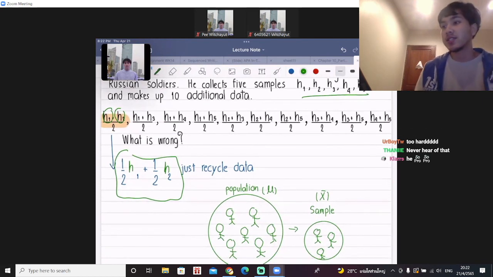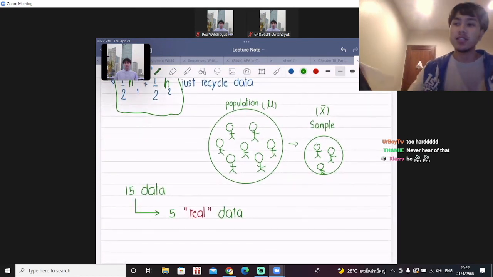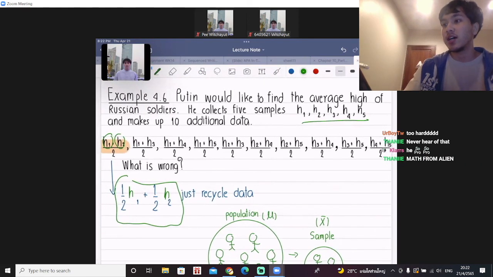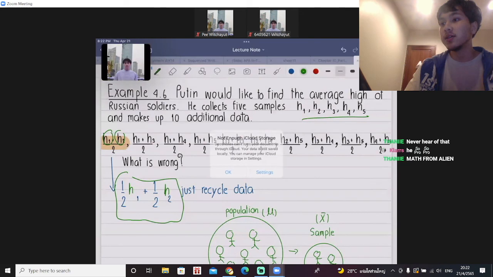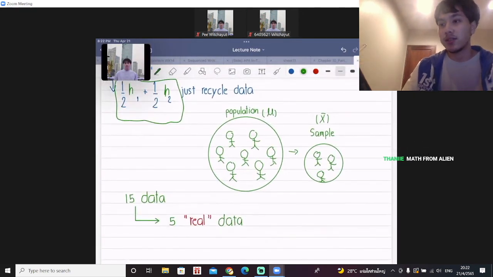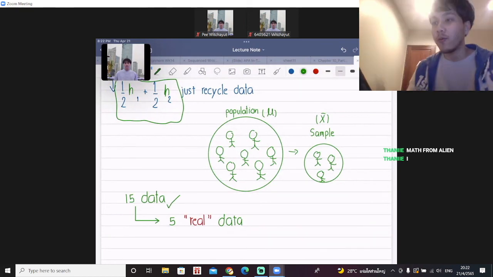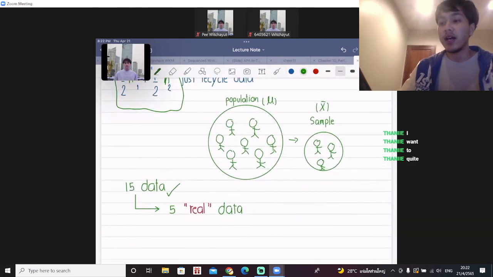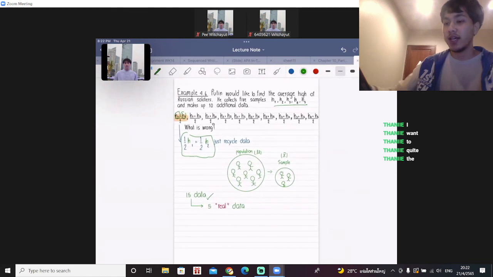So it's just recycled data. And with 15 data, as the question stated earlier, 5 and then 10 additional, we know that only 5 of them are real data for all this example.